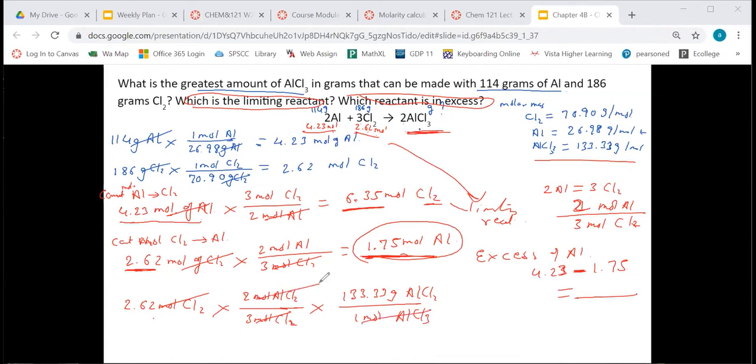Mole and mole cancel out, and now you have 2.62 times 2 times 133.33 over 3, in grams of aluminum chloride. So this is just stoichiometry to get to this step. Which one we will be using, we need to figure out from the limiting reactant. And after you know the limiting reactant, it is the same stoichiometry that you will do.